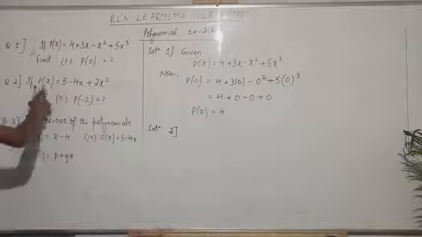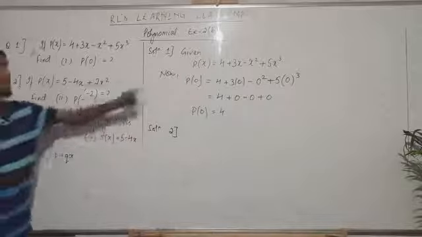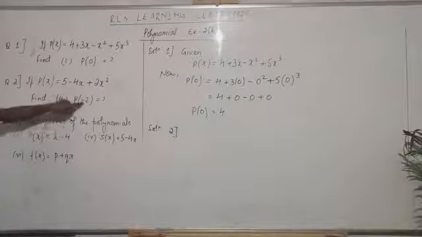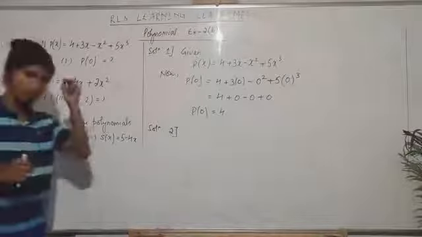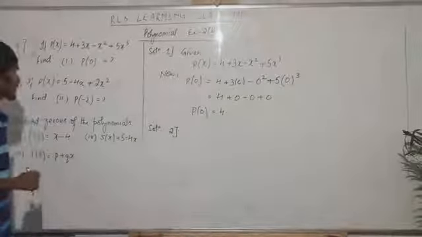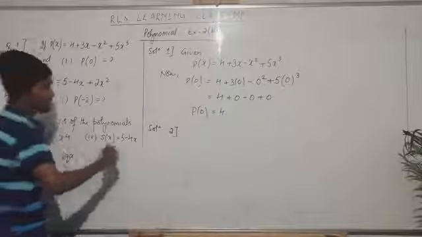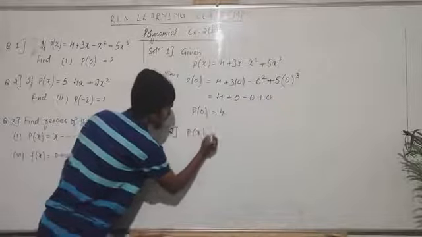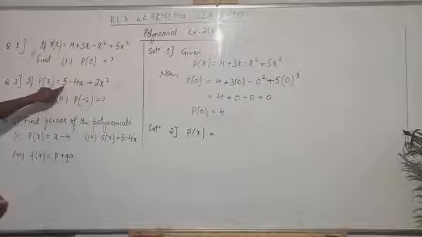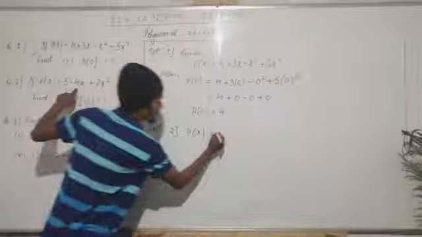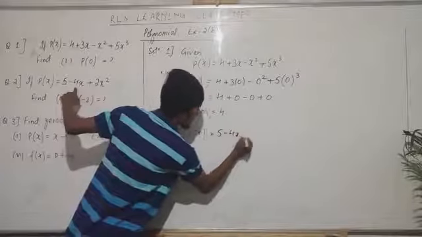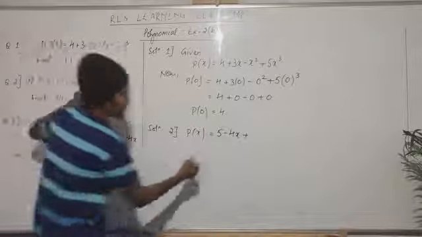Now P of x, this question will be the same as this, but here there is a minus. When there is a minus, students always make mistakes. So P of x is equal to 5 minus 4x plus 2x squared.